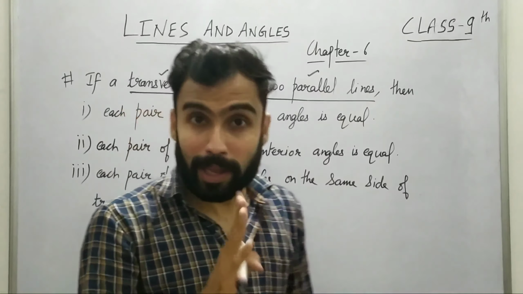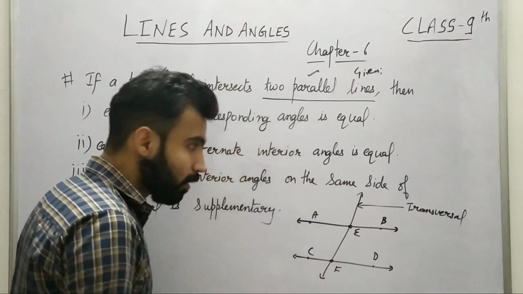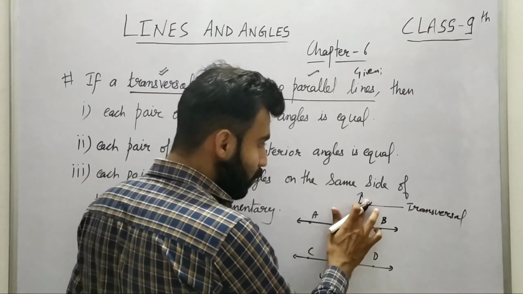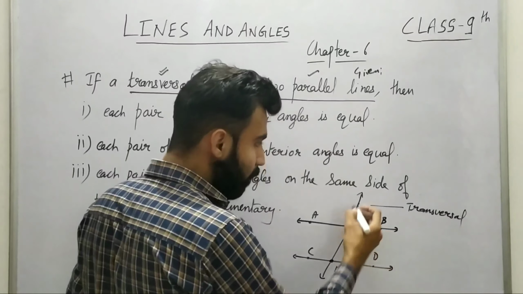Now there is a transversal line. What is a transversal line? It is a line which is intersecting two parallel lines. So this line is called a transversal, right? It is intersecting the two parallel lines at 2 points. Let me name them E and F. Let me also name this line: G, and let me extend it a little, H. So GH is a transversal.